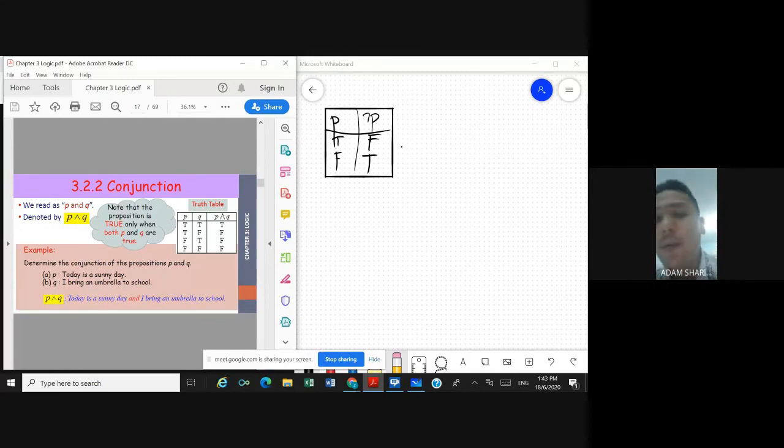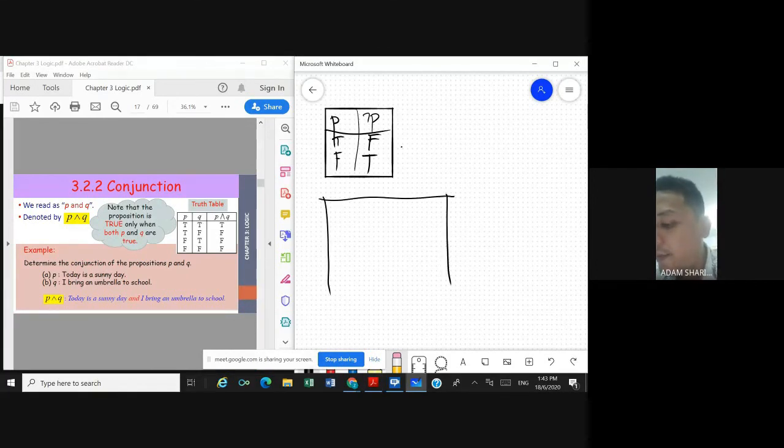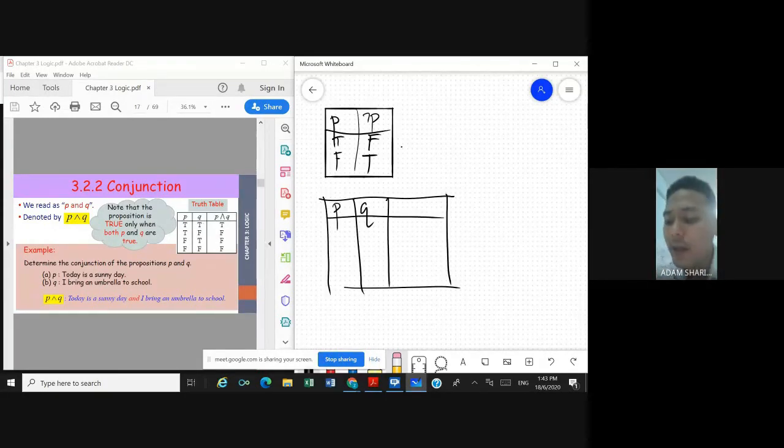okay, just now we have only one proposition for the negation case. Right now we have two propositions. If you involve two propositions, the fundamental thing is how many combinations can be made. I have P and Q here. P can be either true or false, and for each, Q can be either. If P is T, Q can be T. P is T, Q can be false. Other possible combinations.